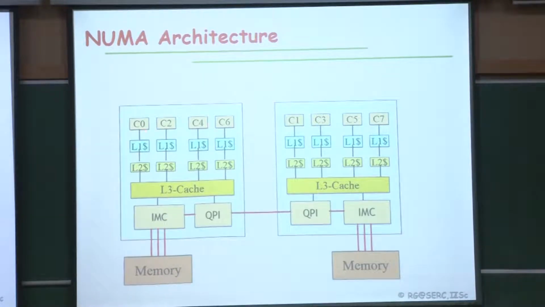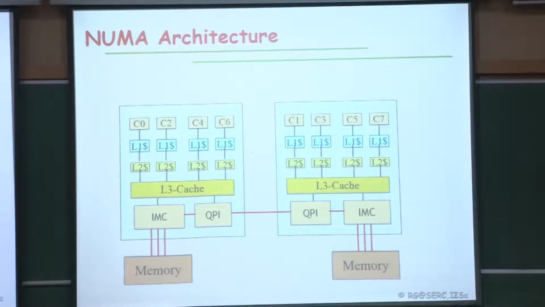Whereas, if any of these processing cores wants to access a memory location which is over there, then they will have to go through the quick path interconnect on both sides, go through the memory controller and get the data back. So, this is going to cause you a non-uniform memory access time. You can build larger architectures of this kind.